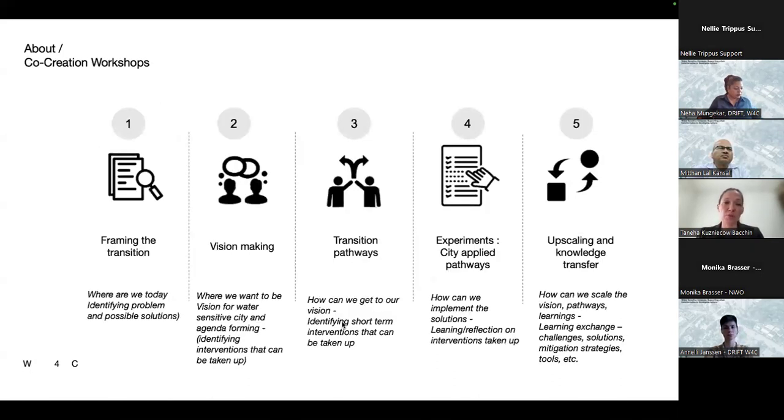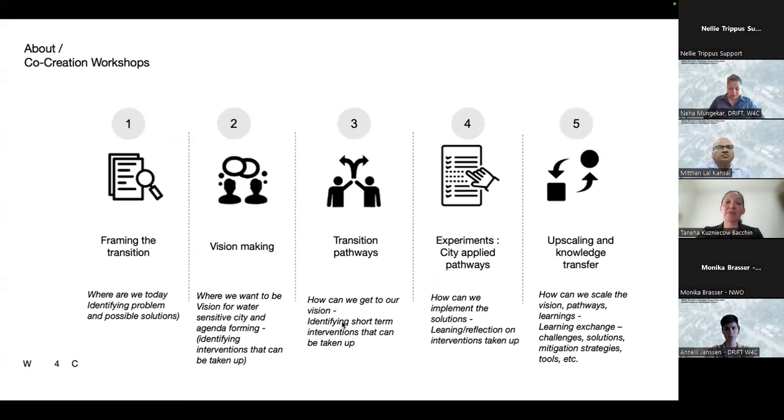The workshops, which were key in informing the compass, brought together this idea of framing the transition, vision making: where actually we would like to be in the future, what are the qualities which are important to sustain life, different forms of life, in the future in an equitable way.